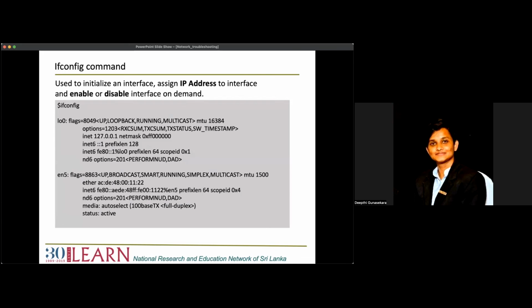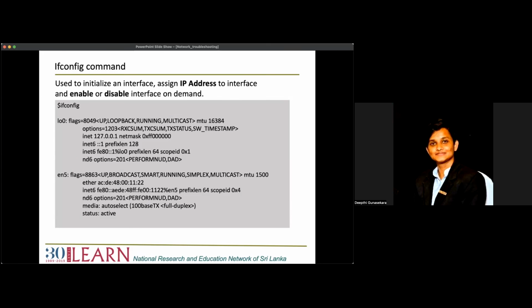Then first use ifconfig. We have seen some people who don't even know what to use to see the IP. You can use ifconfig in Ubuntu and Linux, and ipconfig in Windows-based machines.